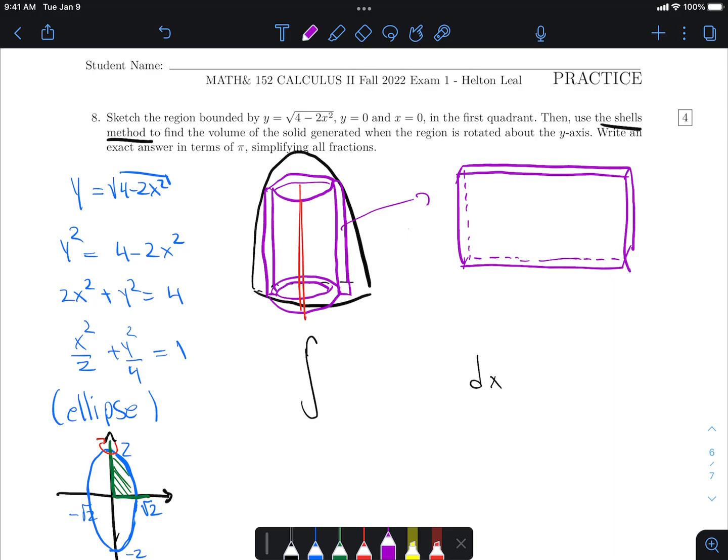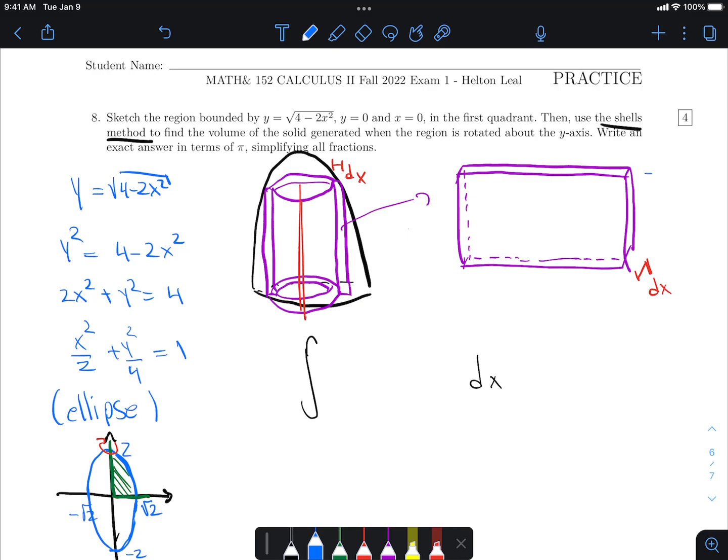So we have to find the volume of each of those sheets. We have this thickness right there, this little thickness of the cup. This is what we call dx. It's infinitesimally thin.